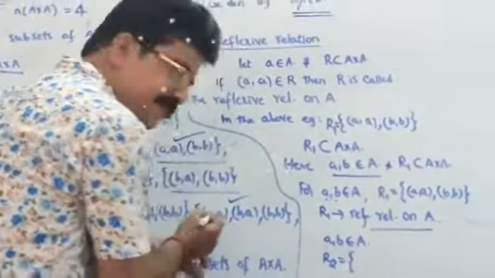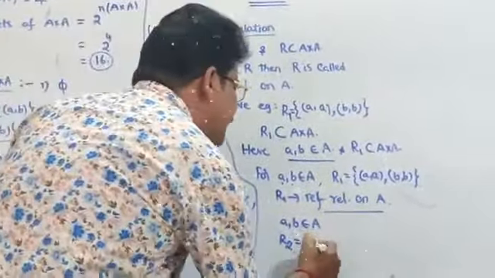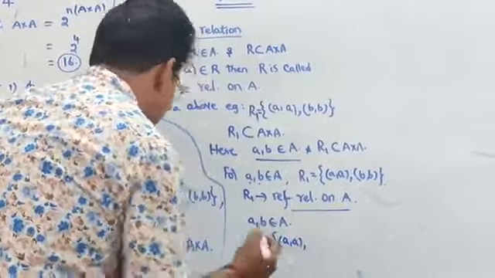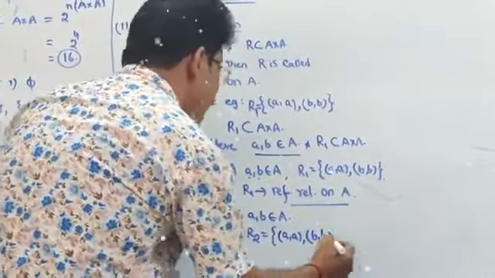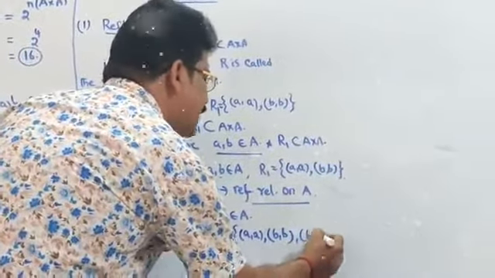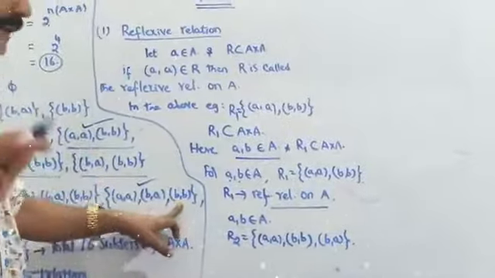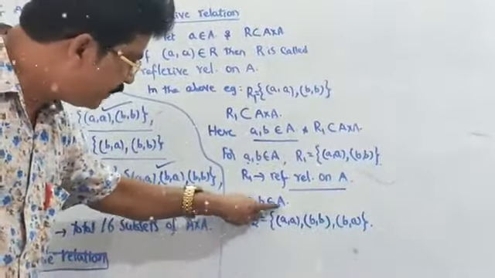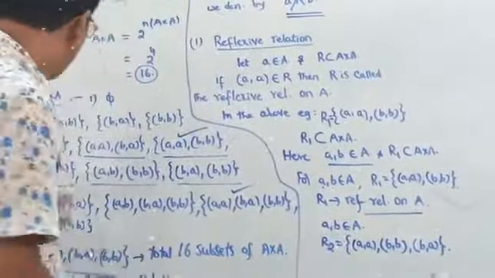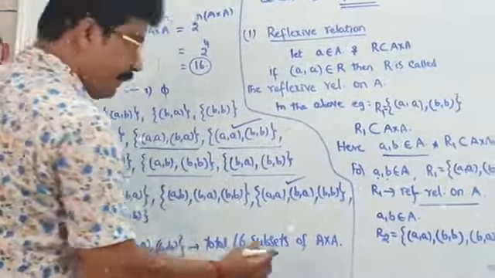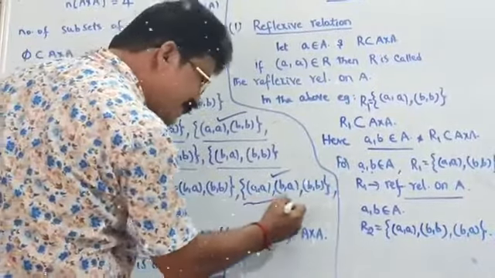I am saying R2, the set of A comma A, next B comma B, next B comma A. Let us consider 1 minute. A comma b belongs to capital A. Okay, next R2. Out of 16 subsets, I am taking only this subset.